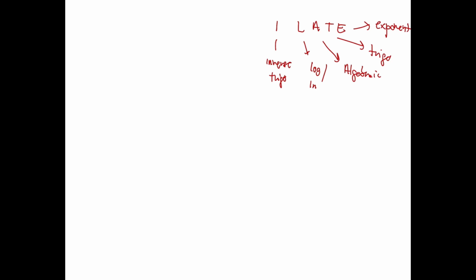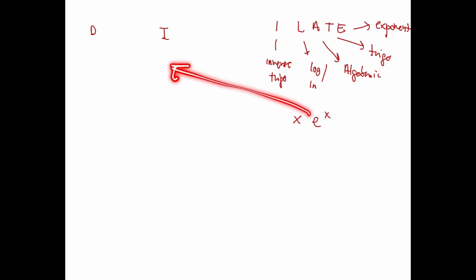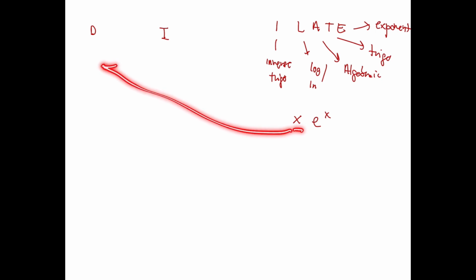So this is how you can arrange to solve by tabular method. In tabular method, you need to have first term for differentiate, second term for integrate. The more to the left goes to the differentiate. For example, here we have x e^x. So x is the algebraic term, e^x is the exponent term. That means the exponent will go to the integrate, while x will go to the differentiate.